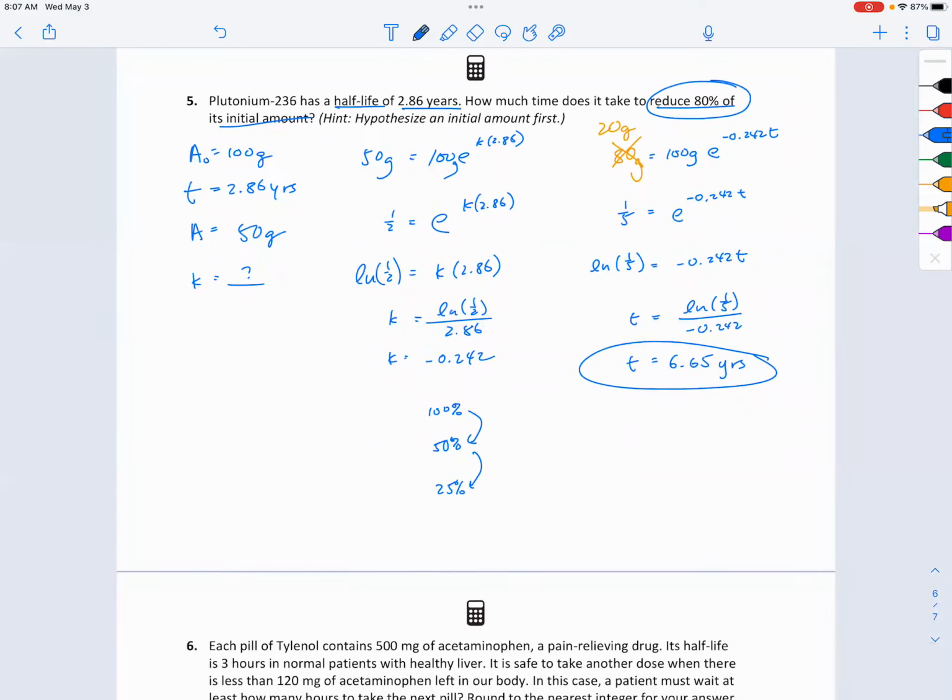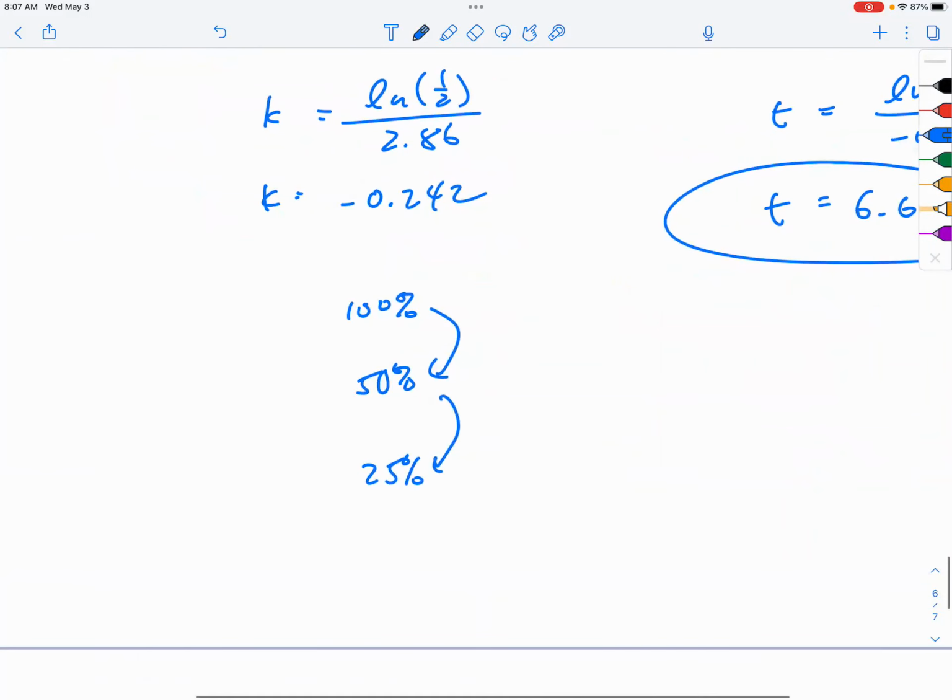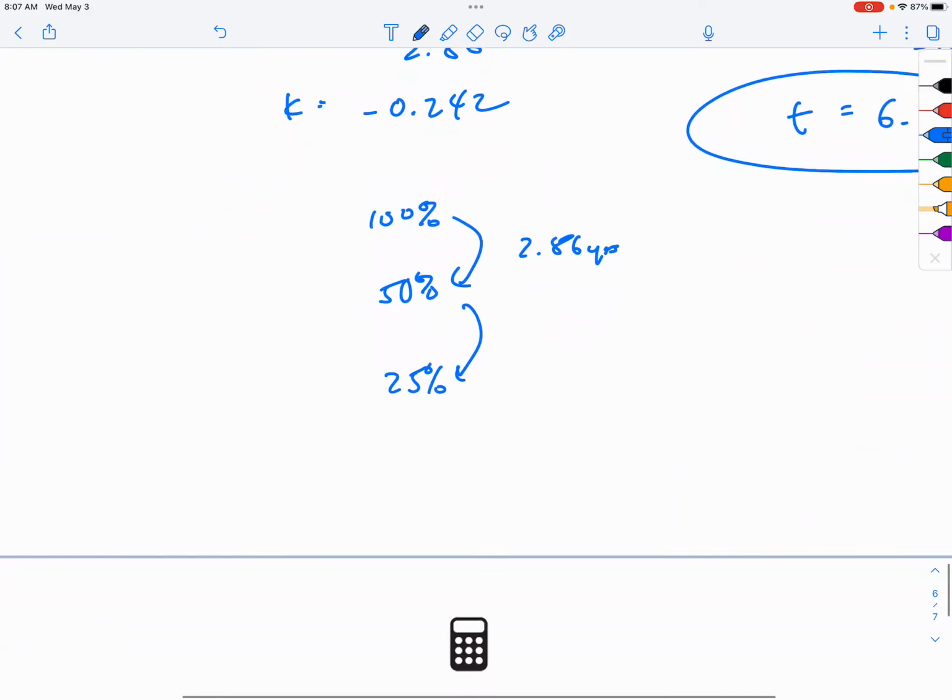So 2.86 years would drop you to 50%, and then another 2.86 years would drop you to 25%. So that's almost 6 years. So if you want to drop to only 20% left, yeah, 6.65 years would make sense. That sounds like the right amount of time to get to only 20%.